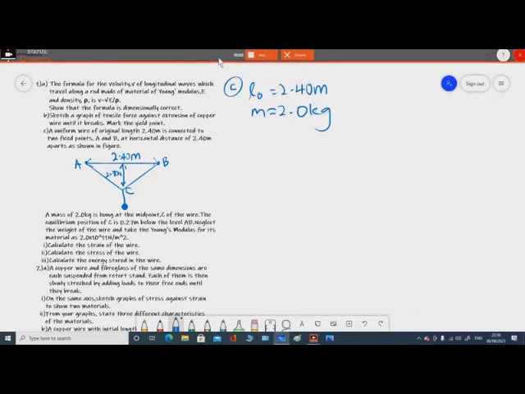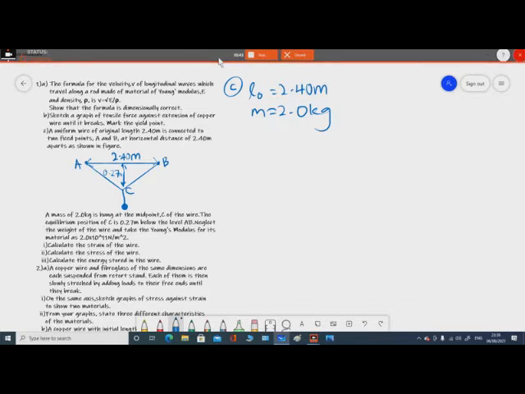The equilibrium position of C is 0.27 meter below the level AB.